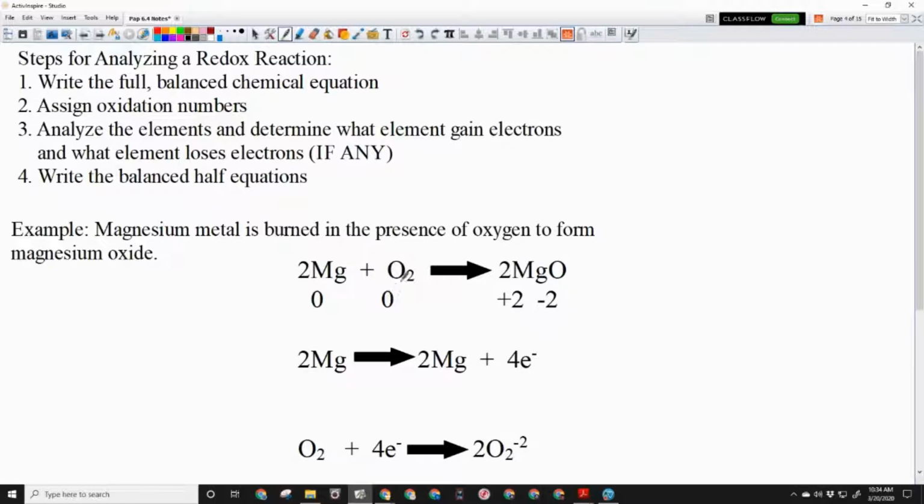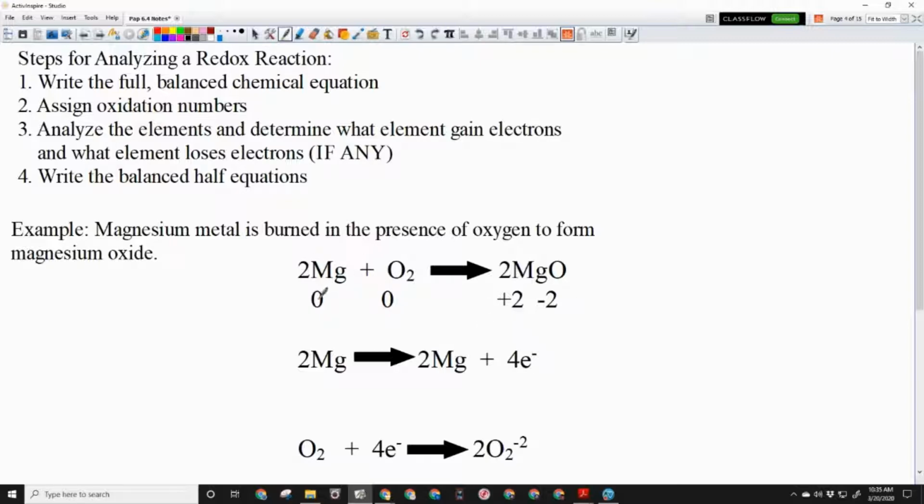Same thing here with oxygen, diatomic oxygen, it's standalone, so it gets 0. Now over here in the compound, it's not standalone, so the element oxygen has a -2 charge, so that's its oxidation number. So since this has to sum to 0, the magnesium has to be a +2.